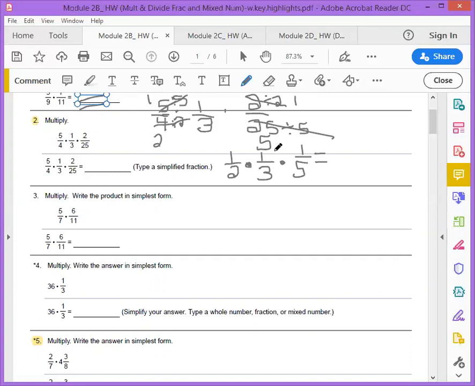Now we'll go ahead and multiply all 3 top numbers. So all 3 numerators, 1 times 1 times 1 becomes 1. And then all 3 denominators, 2 times 3 is 6, times the third denominator, which is 5. So 6 times 5, the denominator becomes 30. And 1 divided by 30 is our answer.